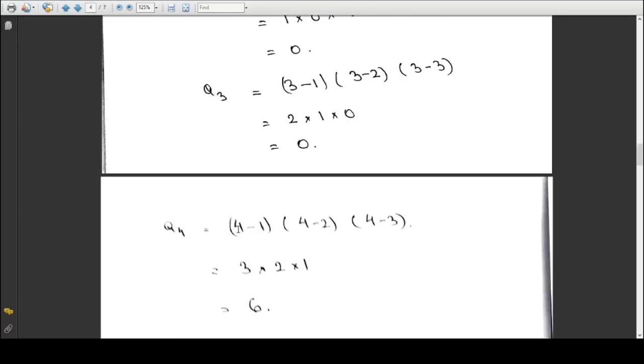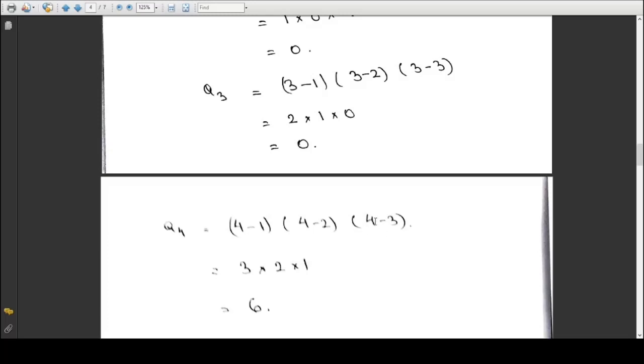Because here, n minus 1, n minus 2, n minus 3, the smallest one is n minus 3. Now, if n is 3, then 3 minus 3 is 0, so the whole thing will become 0.